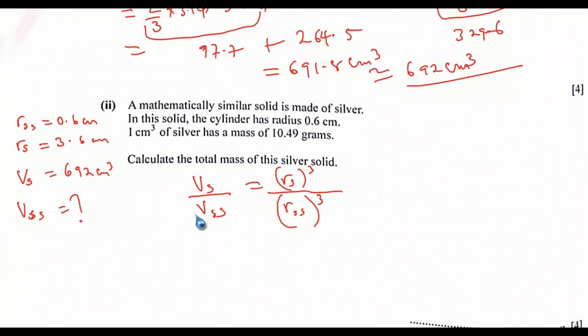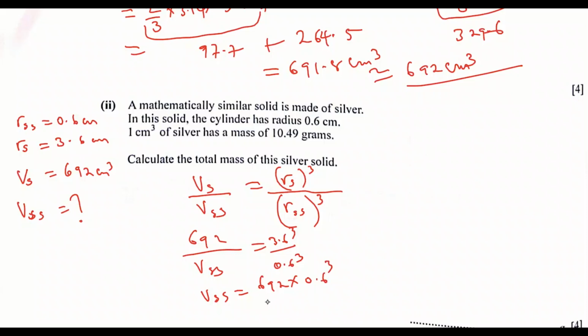So we can now key in the values. We have 692 over VSS equals 3.6 cube over 0.6 cube. If you cross multiply, you will get VSS equals 692 times 0.6 cube over 3.6 cube.